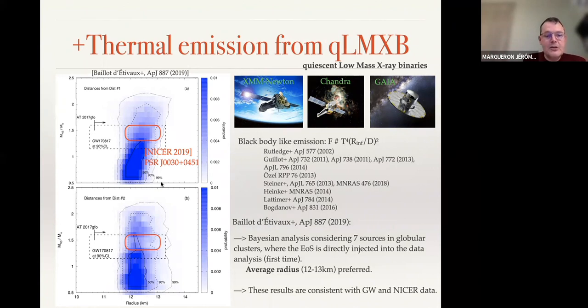Together are also put the gravitational wave constraint in dash and the NICER constraint that was known at this time. As you can see, there is a kind of consistency between all these results and all these different techniques which are used in order to extract very accurately the radius of neutron stars.